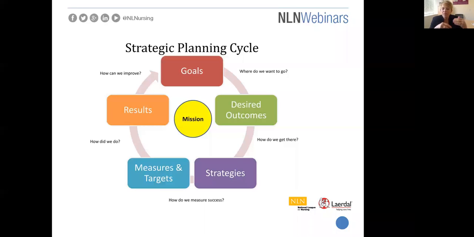And then how are you measuring whether you're making strides to be successful in the implementation? How did you do? Celebrating those results when you do get students who are excited about some of the changes they're seeing, and faculty who are feeling excited about the implementation of SIM and the improvements you can make moving along. We always have to circle back to that.